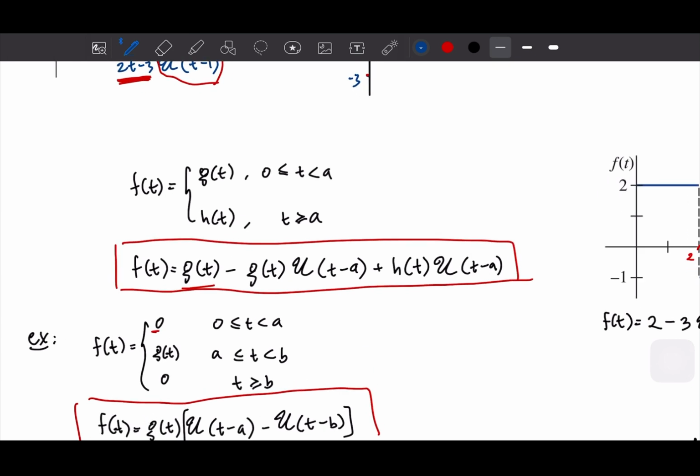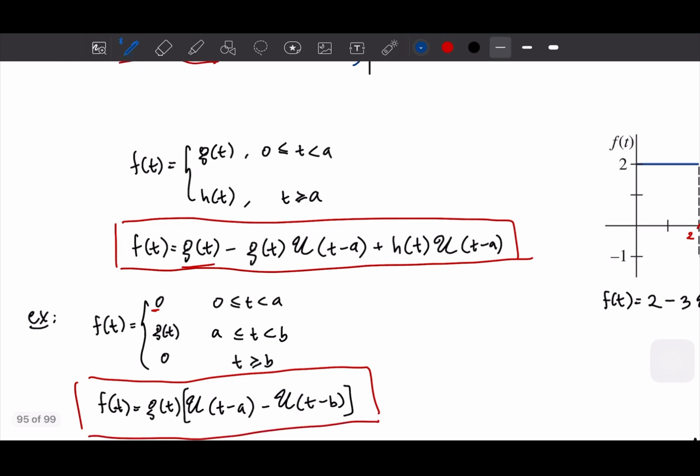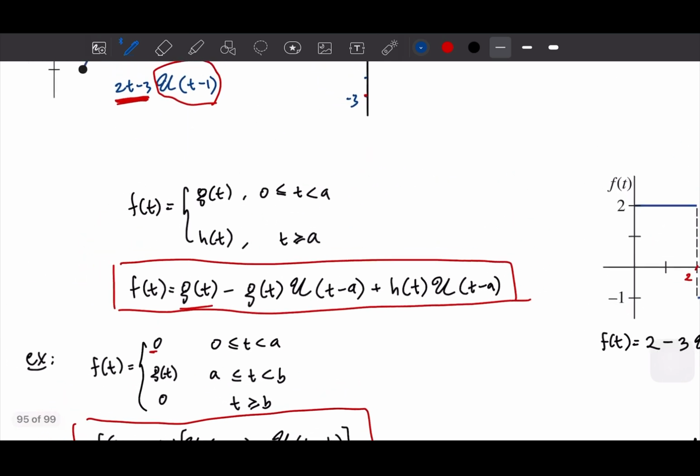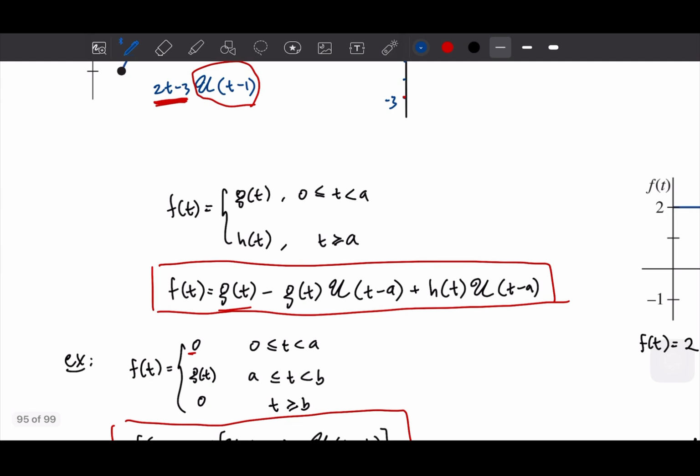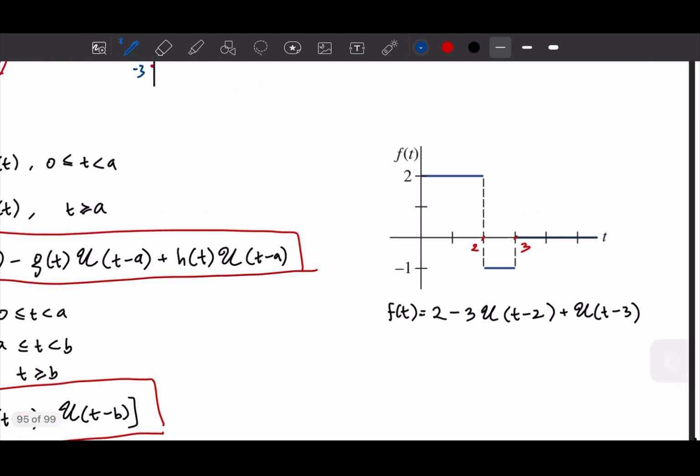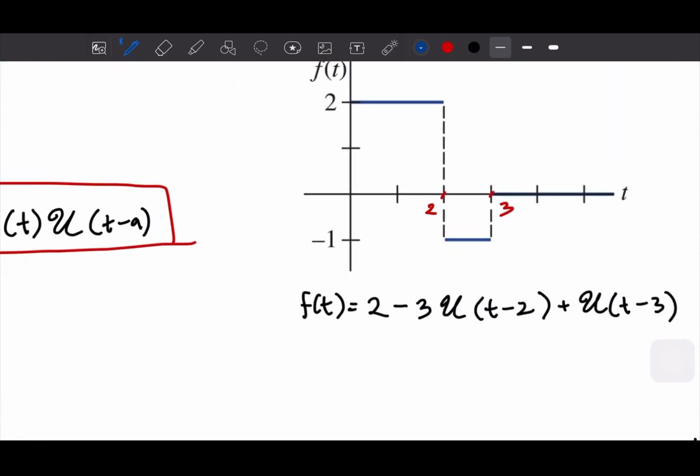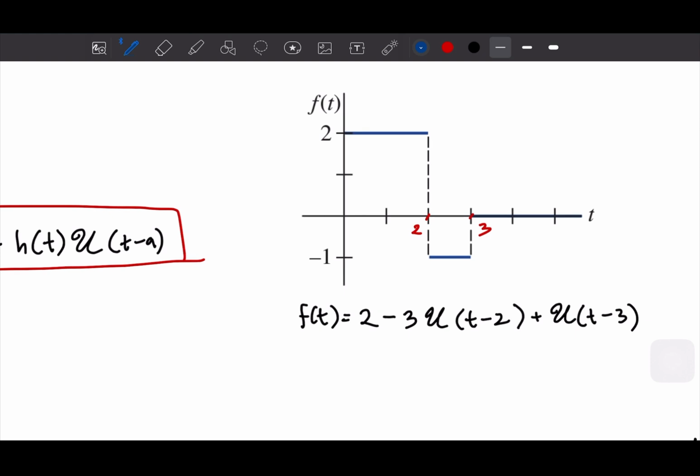We could write this f in terms of g minus g times this Heaviside, plus h times the Heaviside. And then this is an example. We have this graph, this curve.